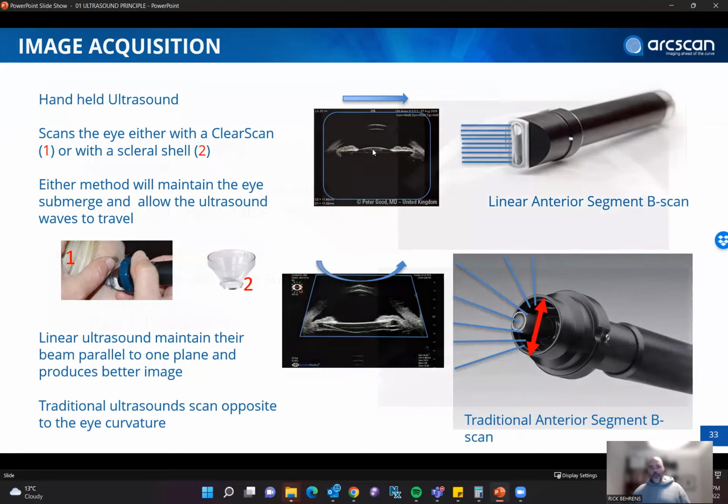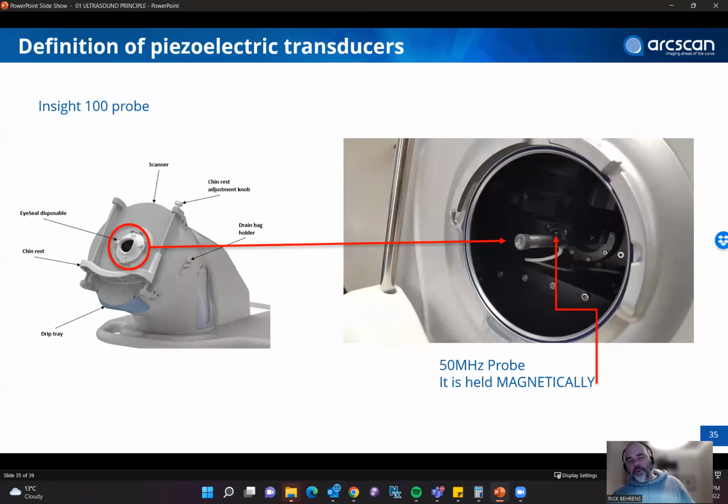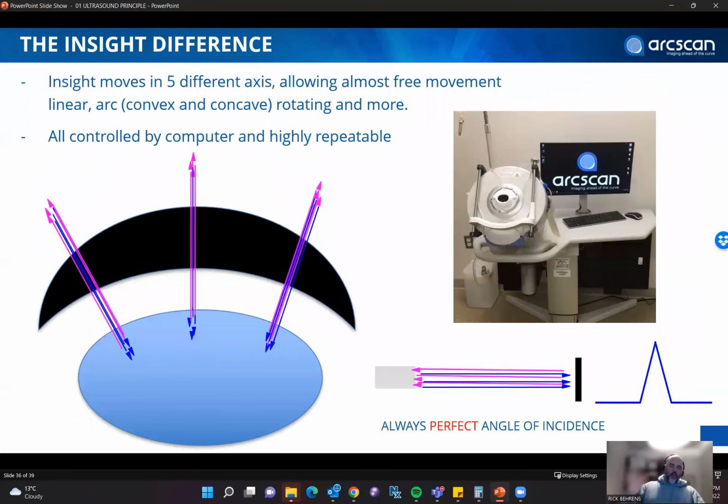Now, when you see ours, this is the presentation of the unit. We are scanning all the time parallel to the cornea, but we are also trying to maintain the circle or semisphere shape of the eye.